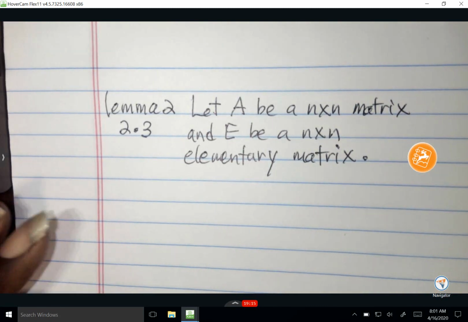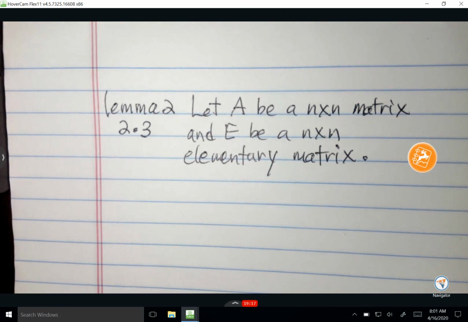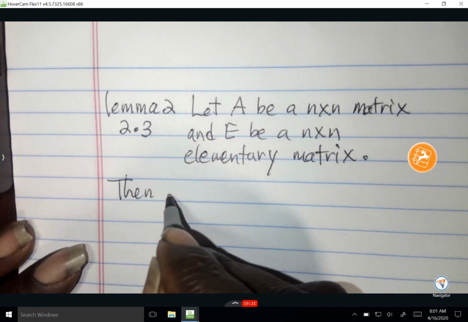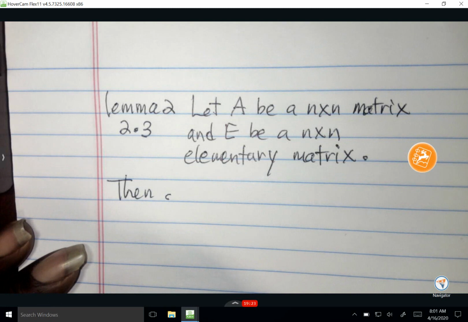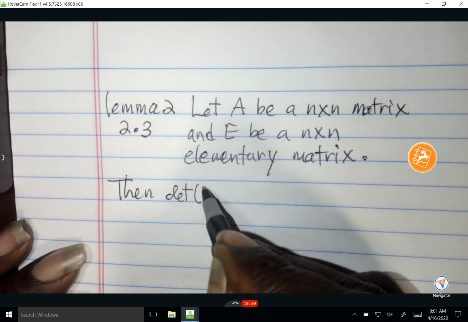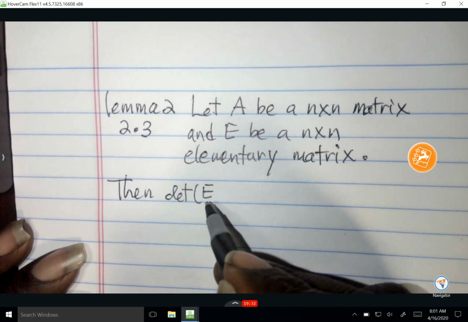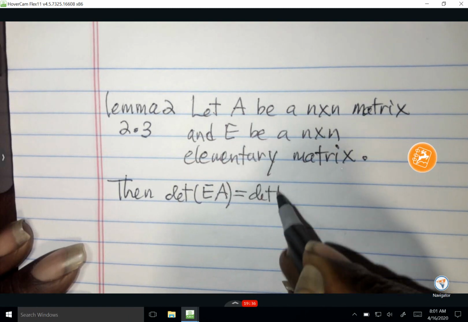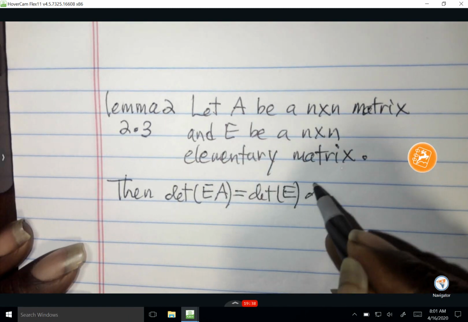Okay? So you got a matrix and an elementary matrix. Then we claim, if I multiply them, then take the determinant, it's the product of the determinants. In other words, the determinant of EA with the E on the left is equal to the product of the determinants.